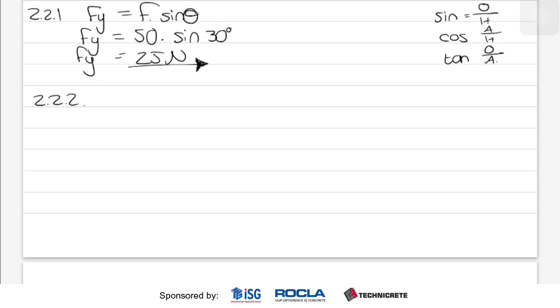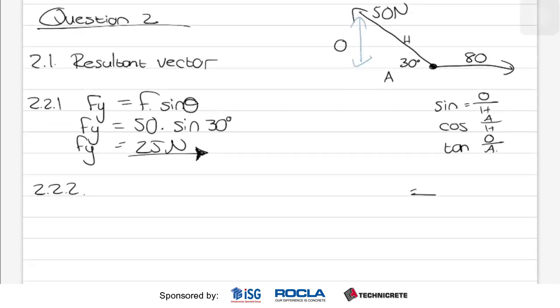Well, we now know that it's 25 to the left, 80 to the right, and something up. But we don't have what our up is. Sorry, it's actually 25 up and we don't have our left. So first thing we need to do is to calculate this value here. How would we do that? Exactly the same way we just did, but using now cos.